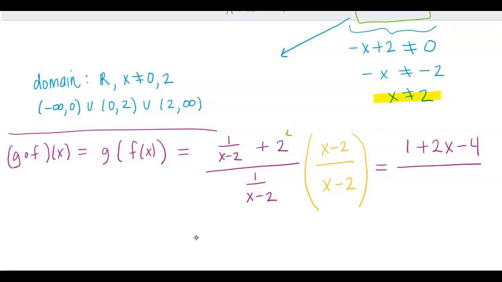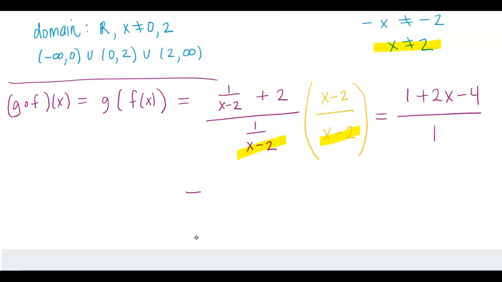In the denominator, this is going to cancel with this, so I'll just end up with a 1. So I think overall for my function, I'm getting 2x minus 3.